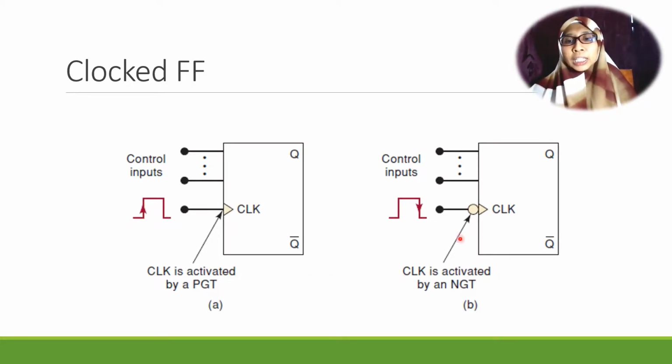Meanwhile, for this clock with the bubble, it indicates the NGT, and the transition is from 1 to 0. Also, we have another control input, for example from another sensor. This control input can be more than one, and it does not affect the clock.